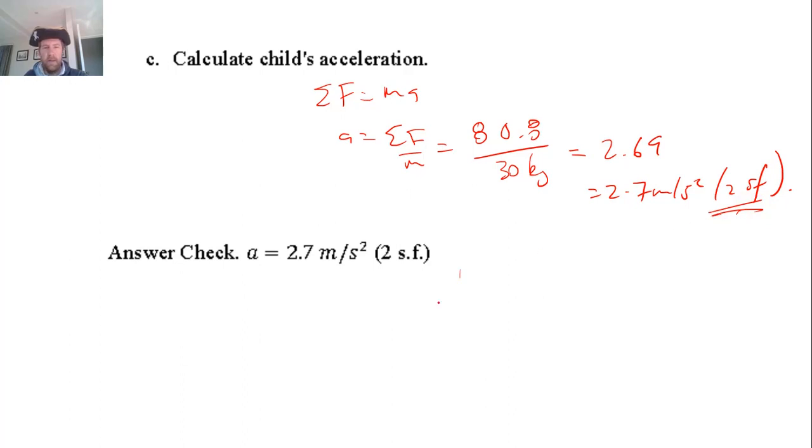And let me draw it again. The child's going down the slope like this. We definitely know there's gravity, normal, and friction.